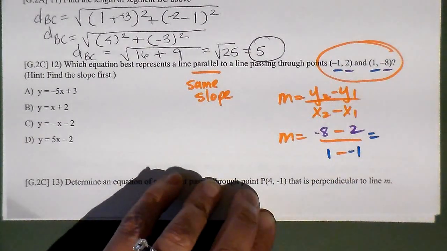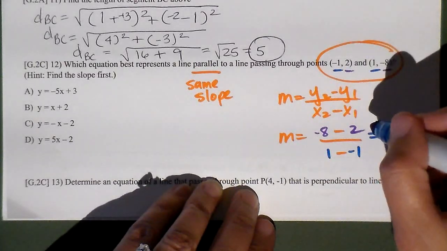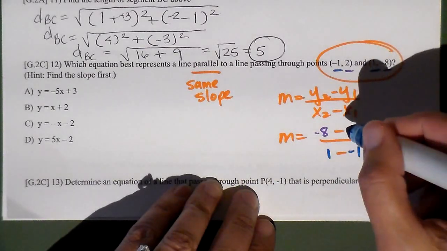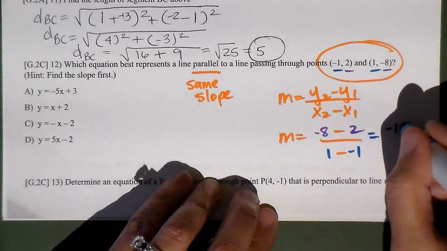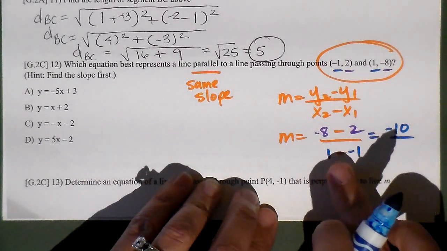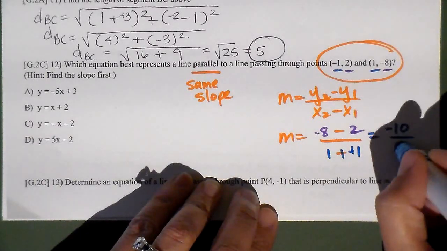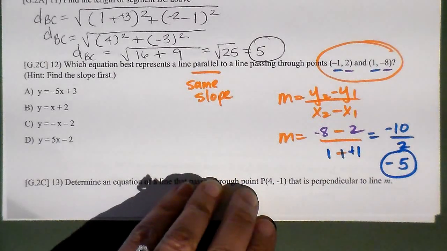When I do this calculation, a lot of you had trouble. You either switched x and y and put the x's on top. Remember, y's are on the top. Or you messed up negatives. What's -8 take away 2? -10. What's 1 minus -1? Minus a negative changes to plus a positive. That becomes 2. So the slope is -5.